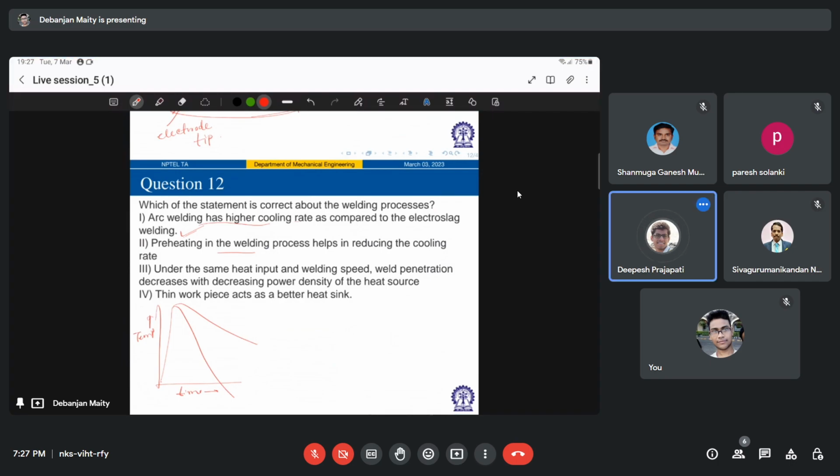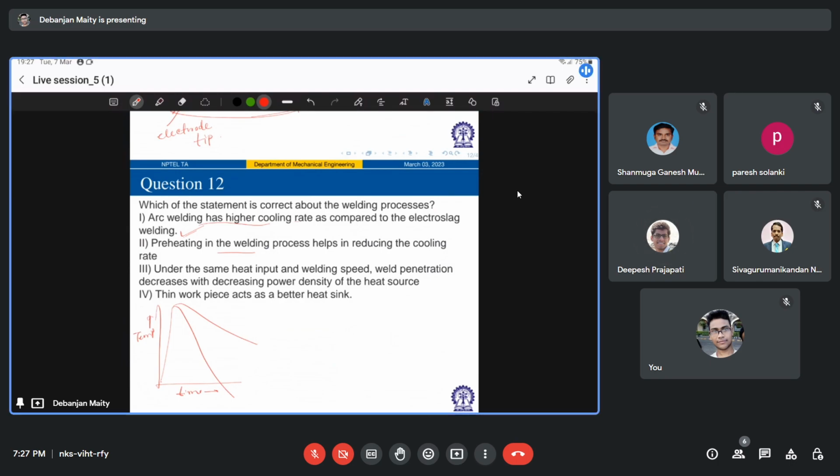So if you are preheating, your cooling rate should reduce. And this we have already discussed, right? Through your numerical.